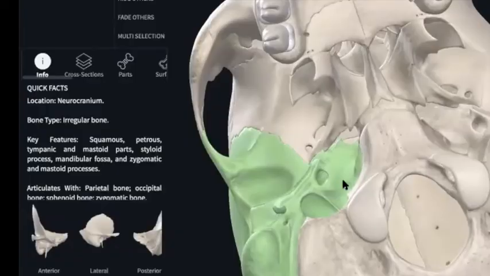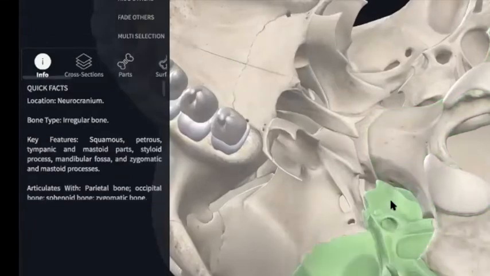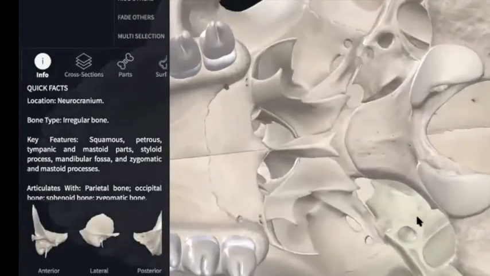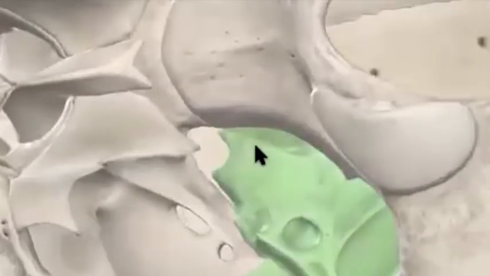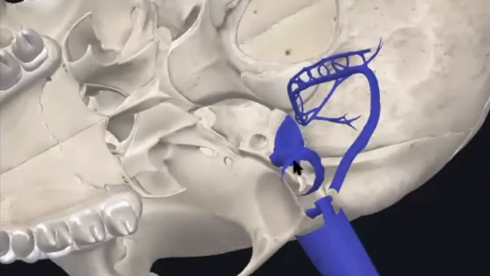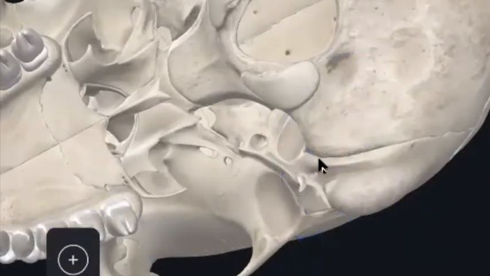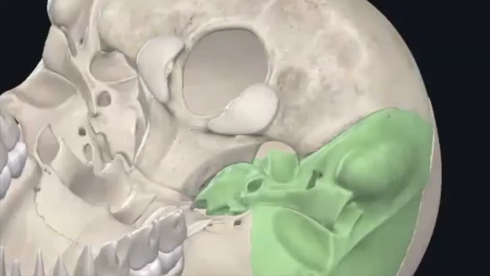Again, you're in your temporal bone right over here, where your occipital bone and your temporal bone are meeting up. You have this little space right here. This is your jugular foramen. This is where the jugular vein is going to be exiting the skull. This passageway formed by the occipital and the temporal bone is that jugular foramen.